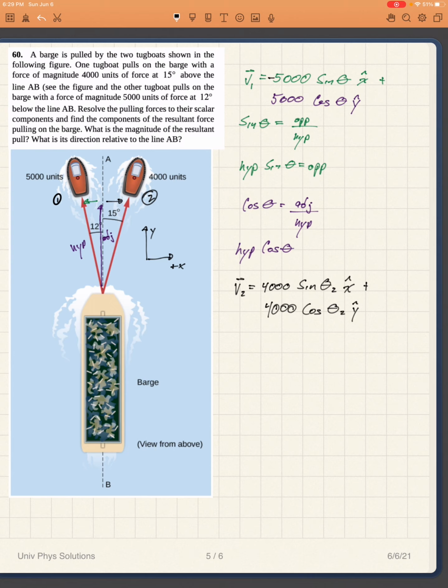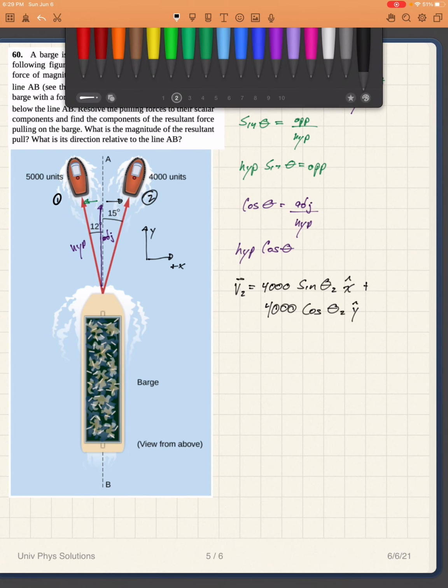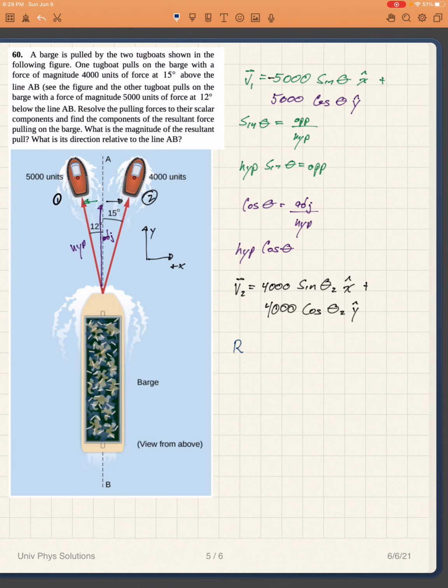Alright, so my resultant vector is going to be b1 plus b2.